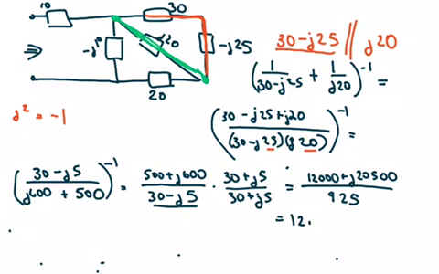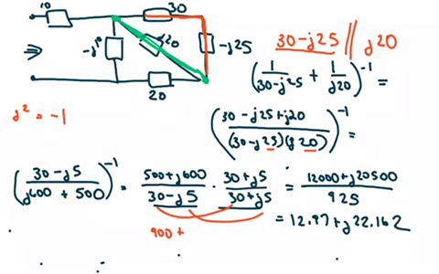And that ends up being 12.97 plus J22.162. Now remember, when you do complex conjugate here, you FOIL it. The outside-inside terms will cancel out, and so you're left with 900 plus that squared, which is 25. So that's where that term is coming from.